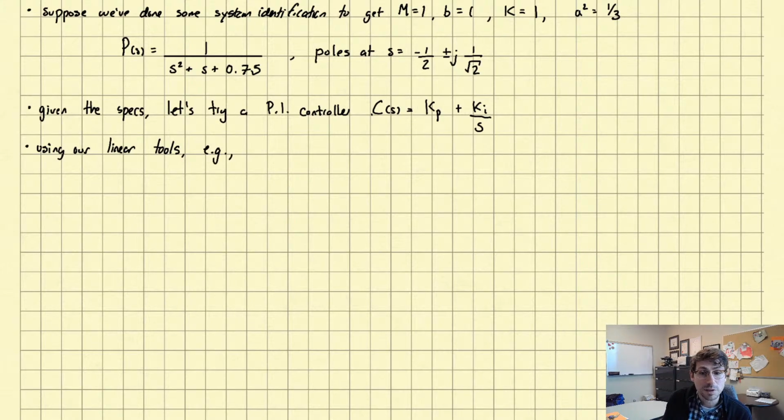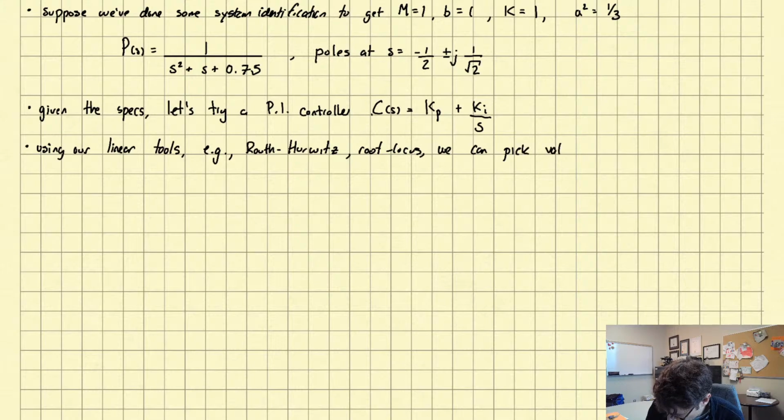So two tools you could use here to pick values for Kp, Ki could be something like Routh-Hurwitz or root locus. We can pick values of the proportional gain and the integral gain. Okay.